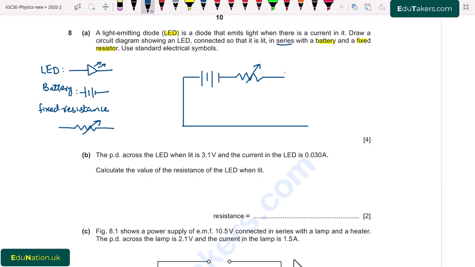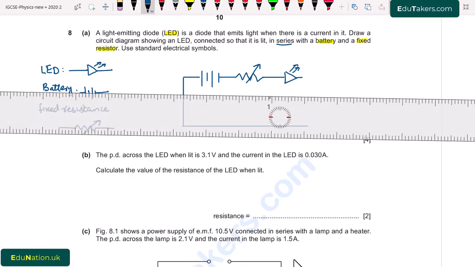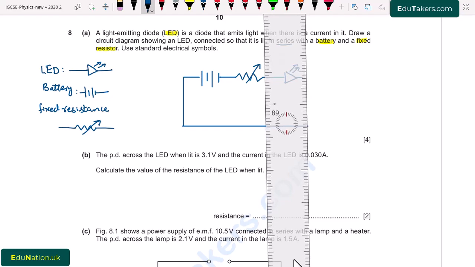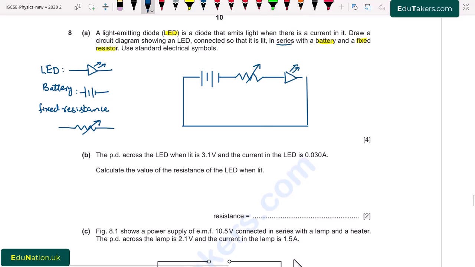At the end I have to draw the LED. So I again use the ruler and join these two terminals. So basically it is the circuit diagram for the given question.